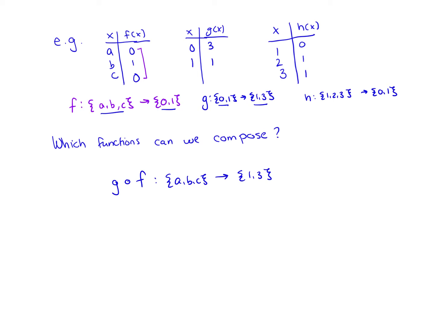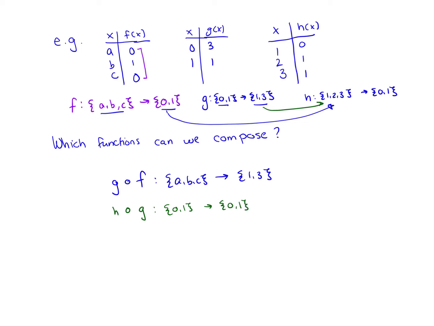Now, {0, 1} is not a subset of {1, 2, 3}, so I can't compose those. But {1, 3} is a subset of {1, 2, 3}. So if I do g first, I can do h next. And that'll go from {0, 1} to {0, 1}.